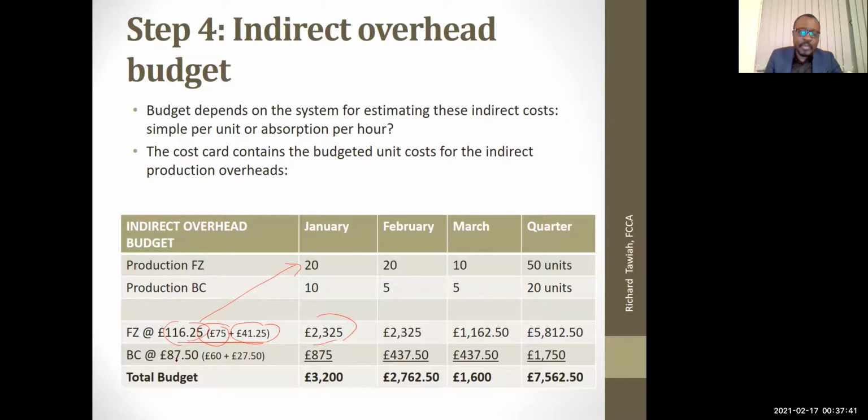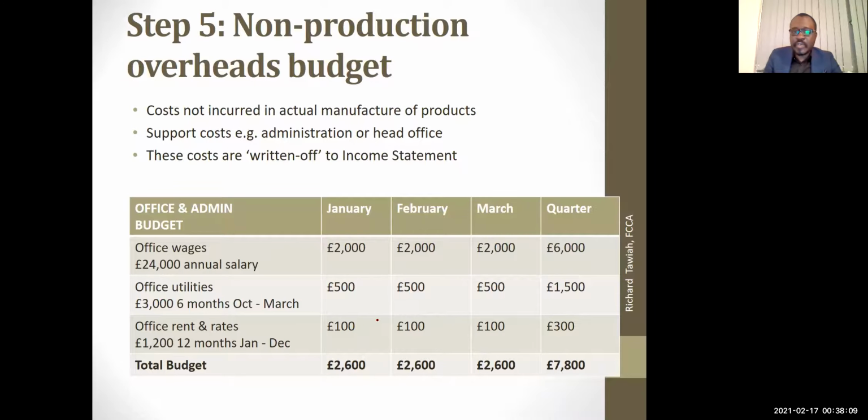For Belly Caster, Department 1 and Department 2 allocation of indirect cost gives us 87.5. We multiply 87.5 by 10, which gives us 875. Sum them up and we get these figures, and at the end of the day, the total for the quarter becomes 7,562.5.